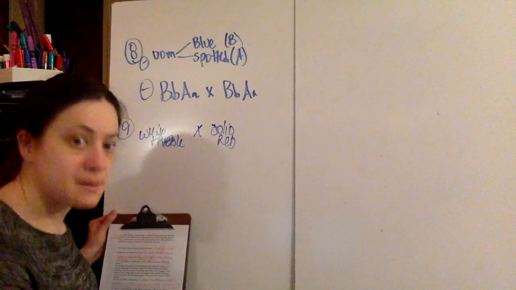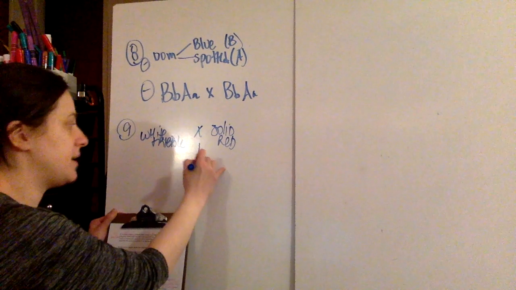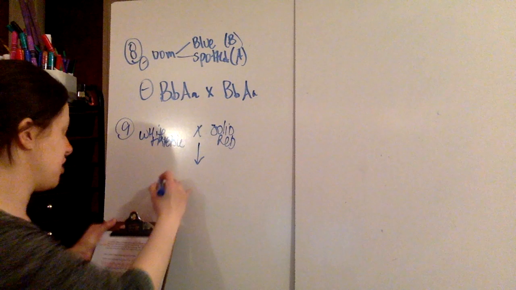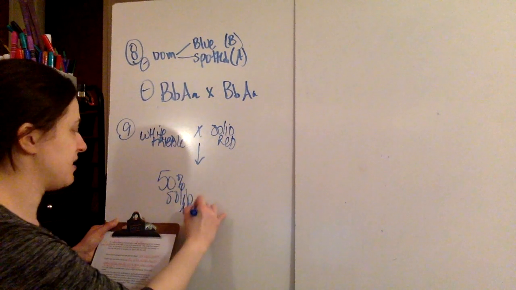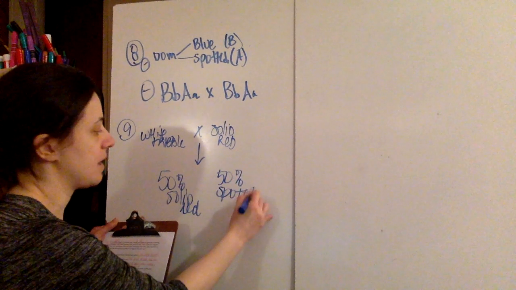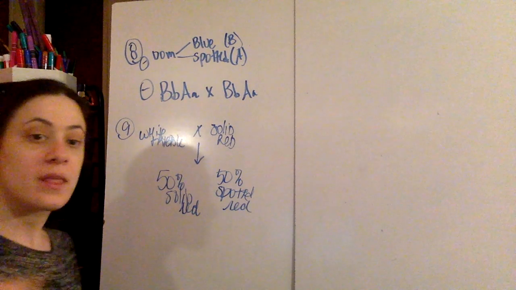So we're crossing something that doesn't appear to have any spots, but despite that, what we obtain in our next generation is 50% solid reds and 50% spotted red. So the question is, how can that be?